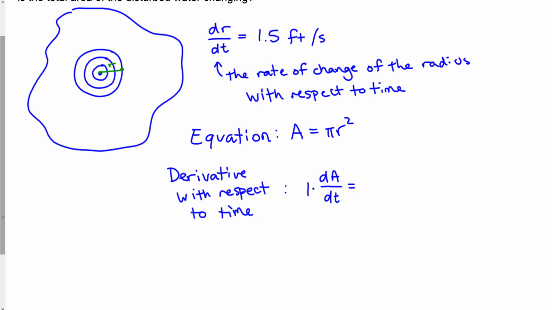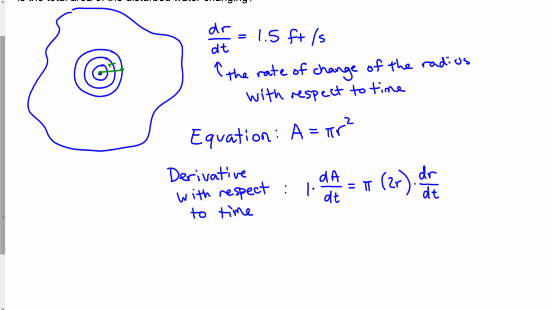So r squared, I just treat it as an outer function, and the derivative of r squared would be 2r. So I'm going to have pi times 2r, but then I have to also multiply by the derivative of the inside portion, which is dr/dt.